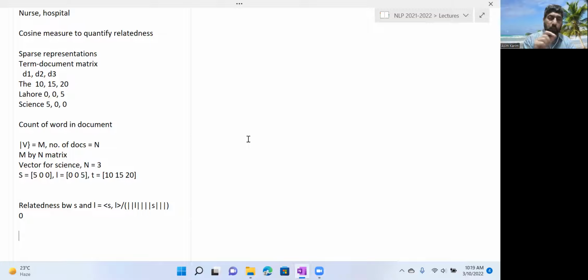Given whatever our task is, we may not be interested in the word D. We will probably be interested in the other words, like science and Lahore in this case. So we would like a measure that reduces the impact of words like D and increases the impact of words that are more relevant or discriminative across the documents, like Lahore and science and so on.